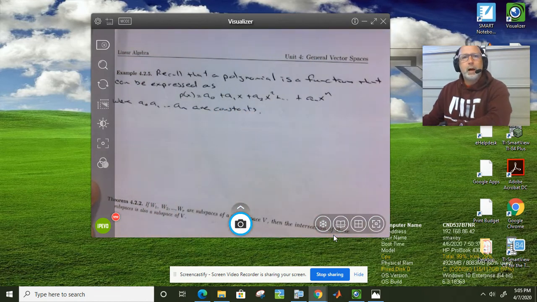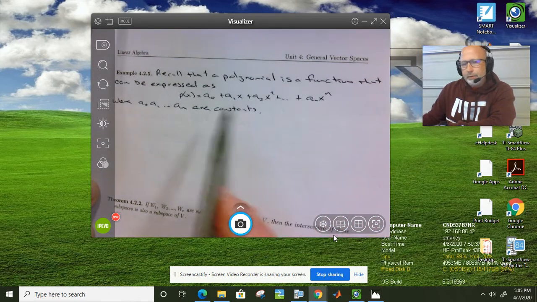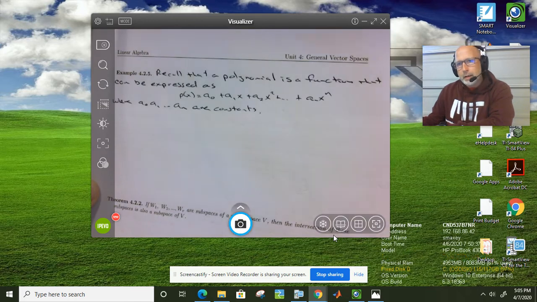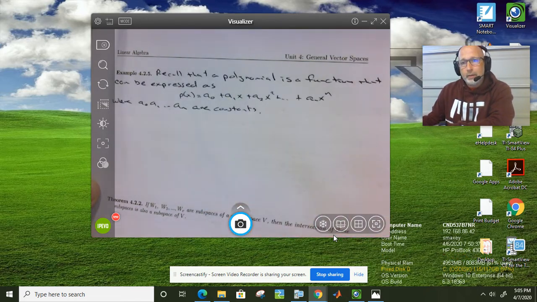That's what a polynomial looks like. If you take a polynomial and add it to a polynomial, you get back another polynomial. And if you take a polynomial times a constant, you get back another polynomial.